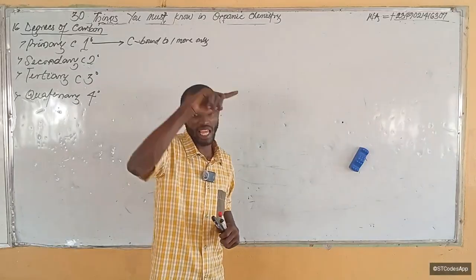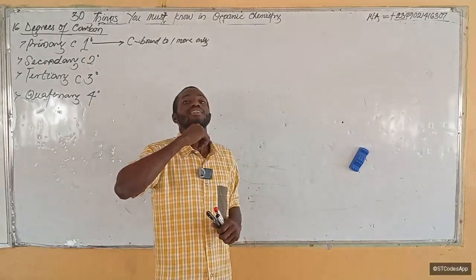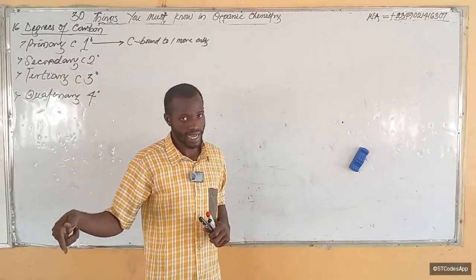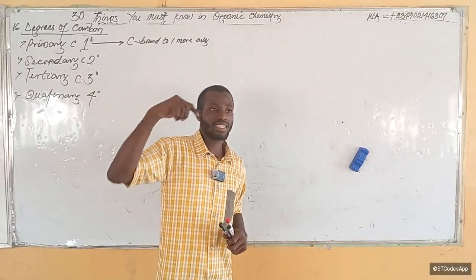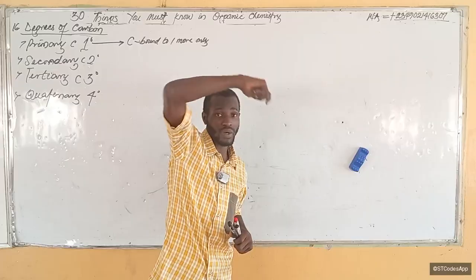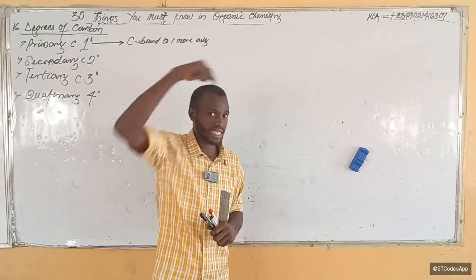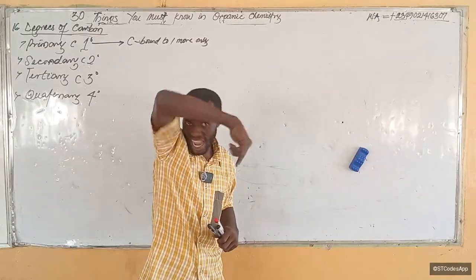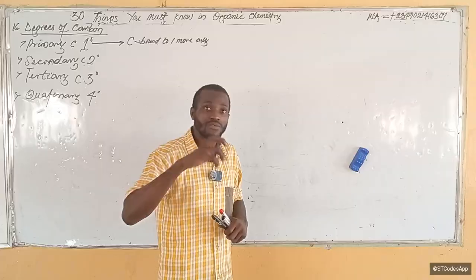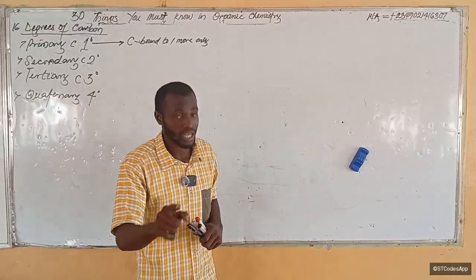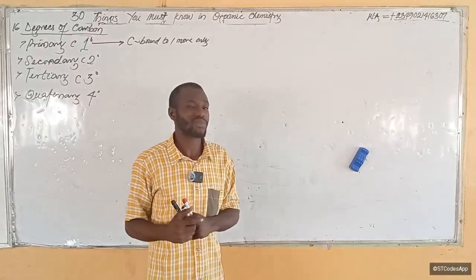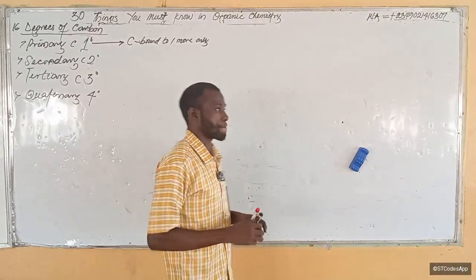So in as much as it's not hydrogen that is surrounding it, then the carbon is not primary. Is that clear? If there are 3 hydrogens surrounding a carbon, for an alkane now, then that carbon is primary. Is that clear?